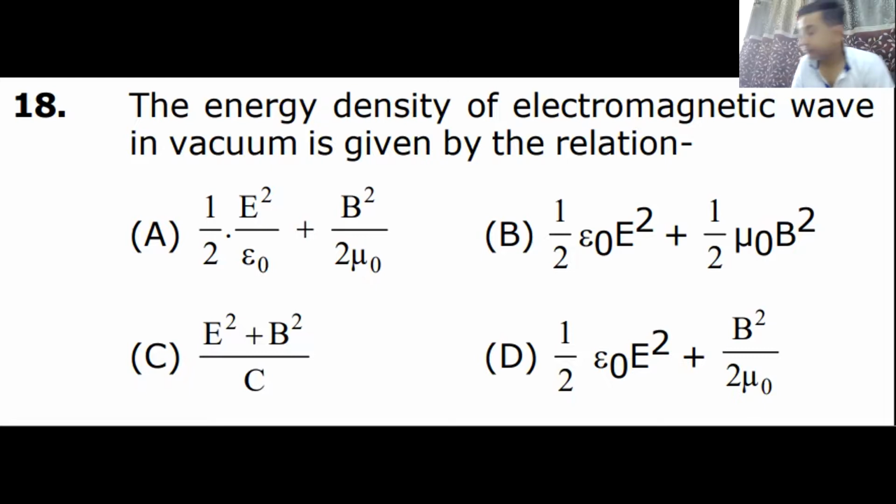The option is D. Half epsilon naught E square plus B square by 2 mu naught. Do we understand this? Yes or no? Yes, sir.